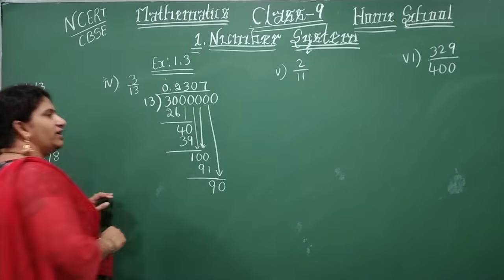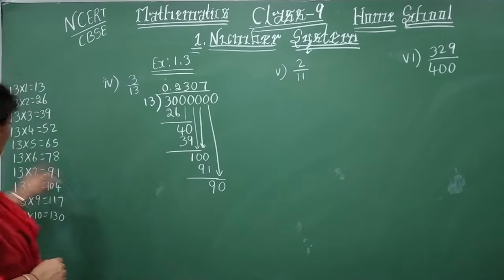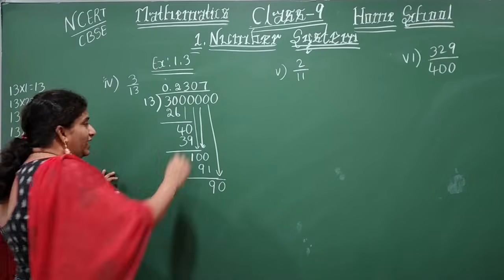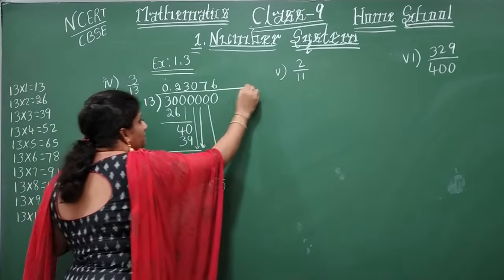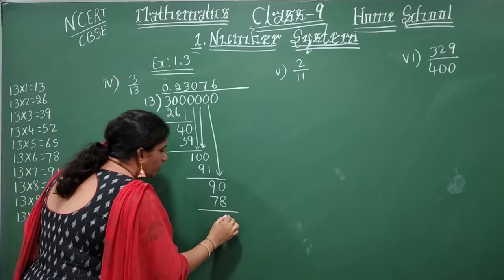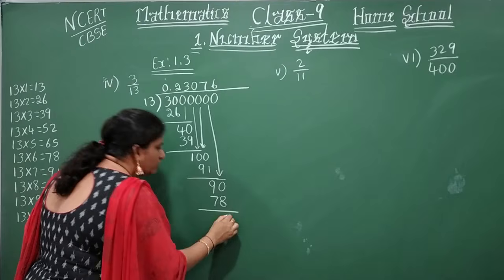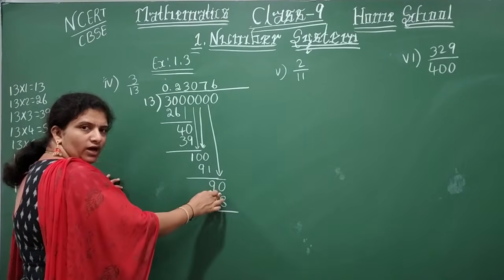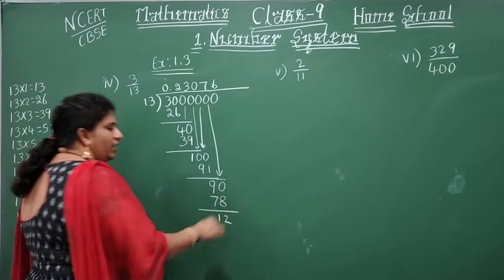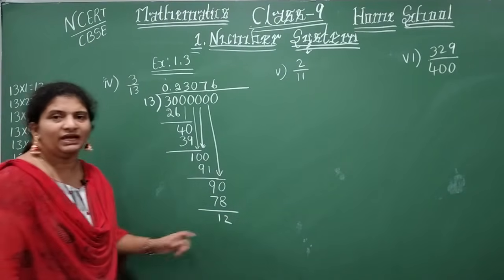Now again drag another 0. So that will be 90. Which is nearer to 90 here children, observe here carefully. 13 sixes, it will be 78. So now what you need to do here, you need to subtract. 0 you can't, so take a carry. 10 minus 8, 2, 8 minus 7 will be 1. It will be 12.